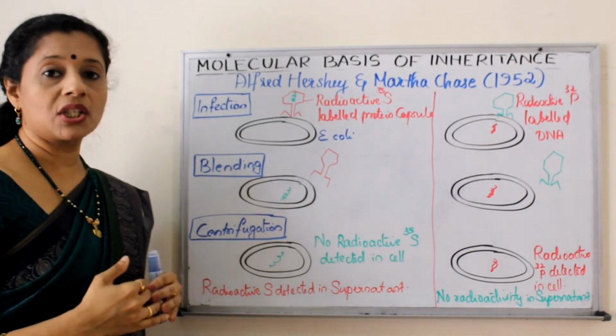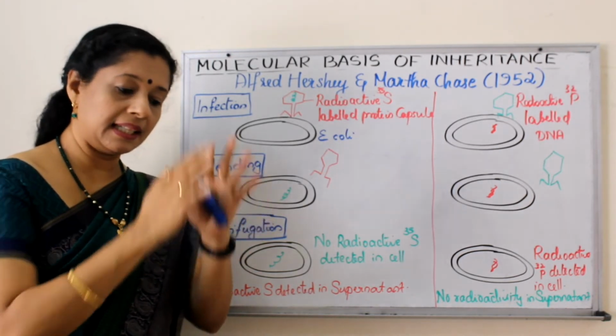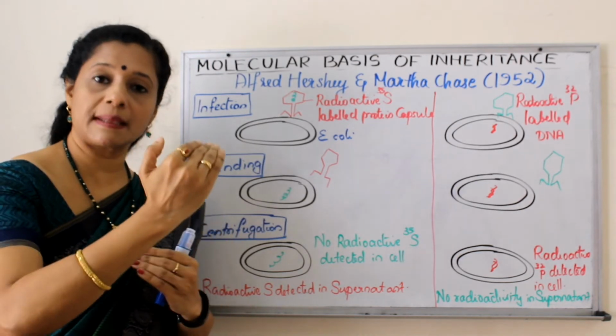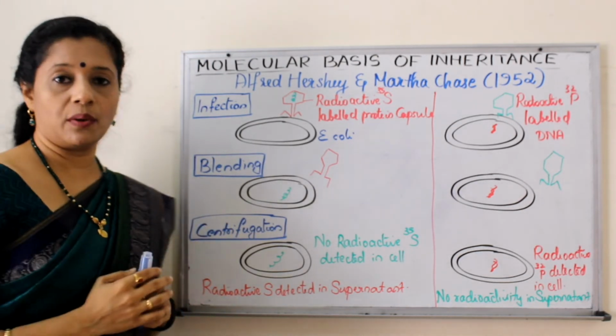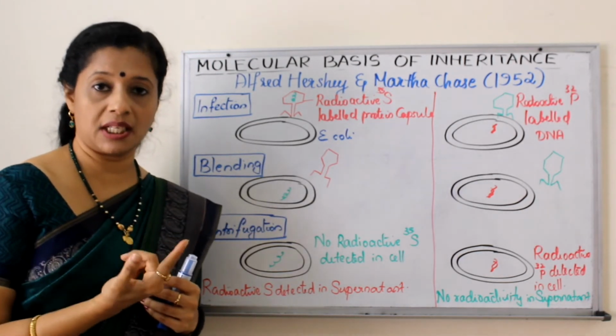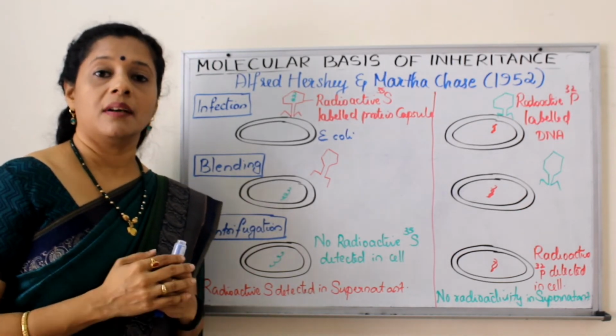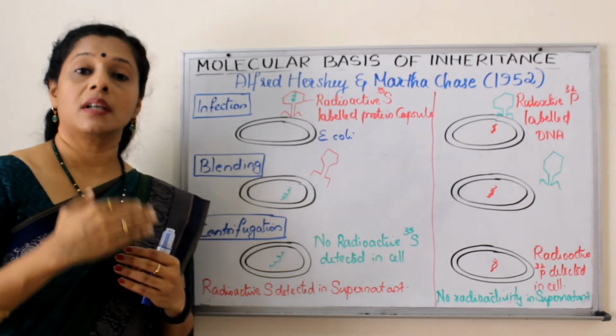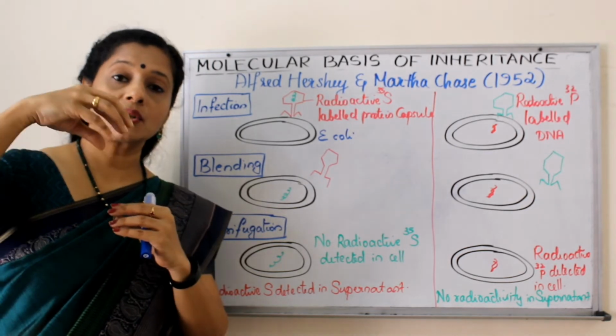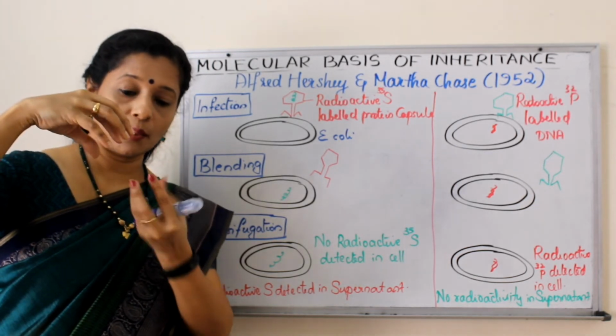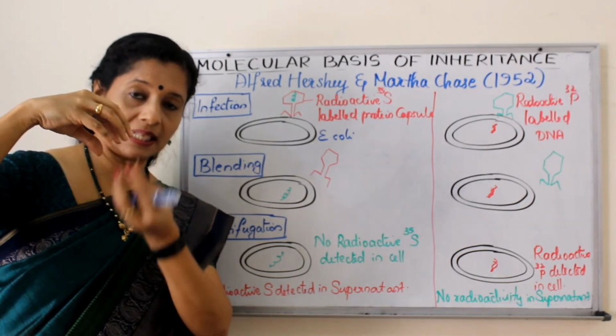Then the third stage: though they separated, they are in the same mixture. So to separate them, they used centrifugation. Centrifugation is rotating them at a particular speed so we can separate out the fractions or components. When they did that, the supernatant had the viral coat, whereas the pellet settled at the bottom had the bacteria.